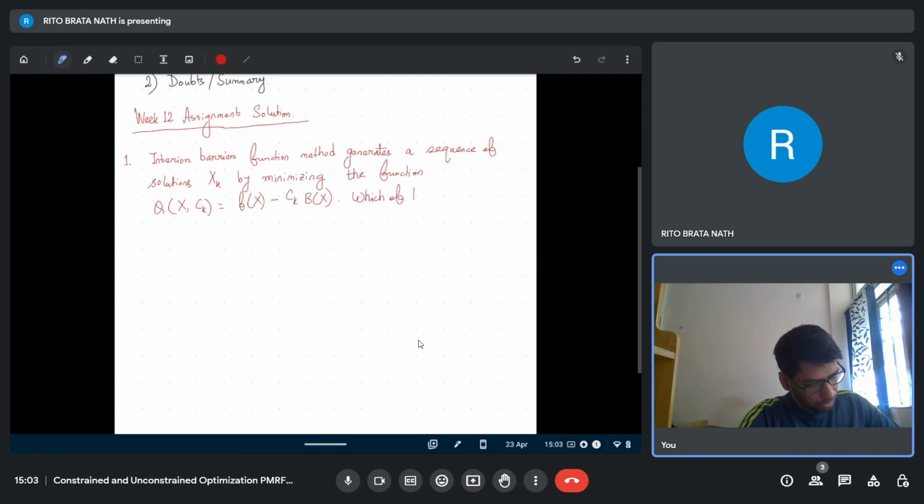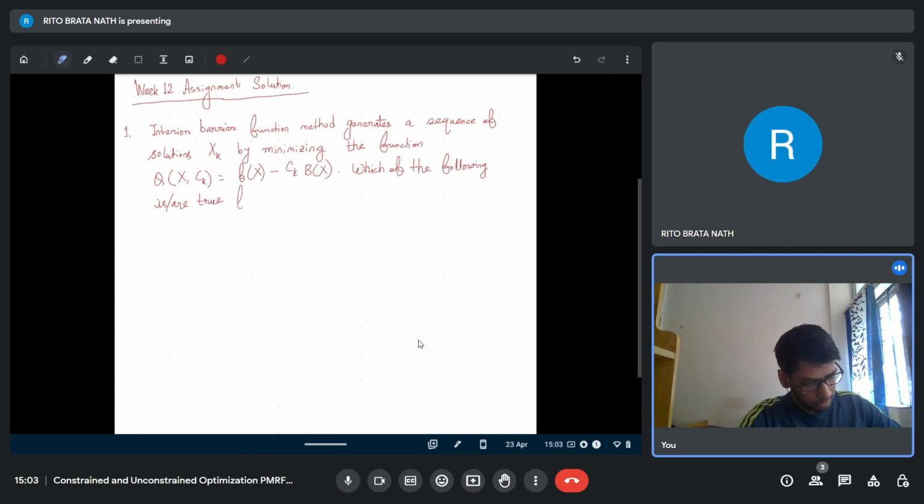Which of the following are true for the barrier function B(x)?